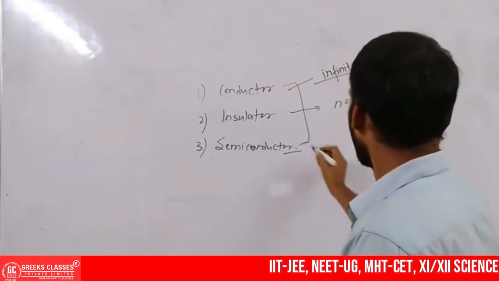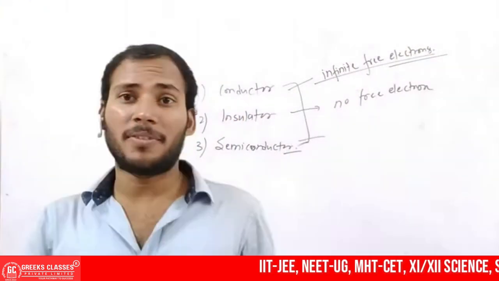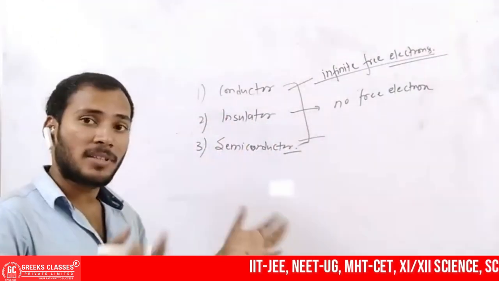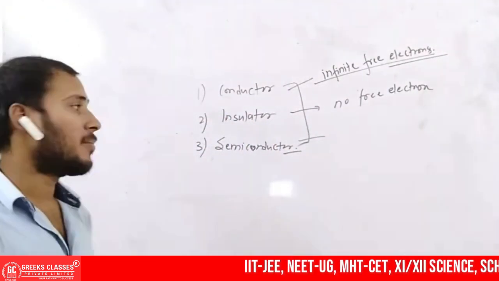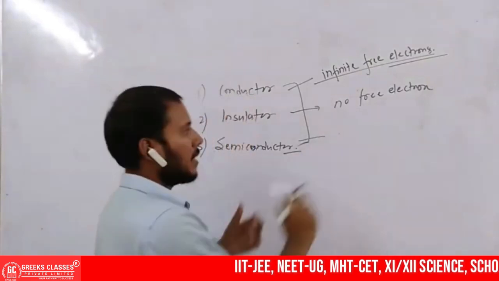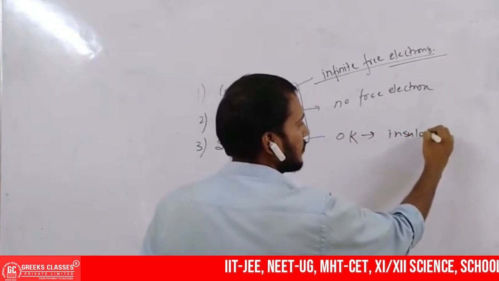And third one is semiconductor. It is a kind of different. It is a kind of mixture of conductor and insulator. It behaves in a different manner at different temperature. Like if you look at the semiconductor at 0 Kelvin, it behaves like an insulator.